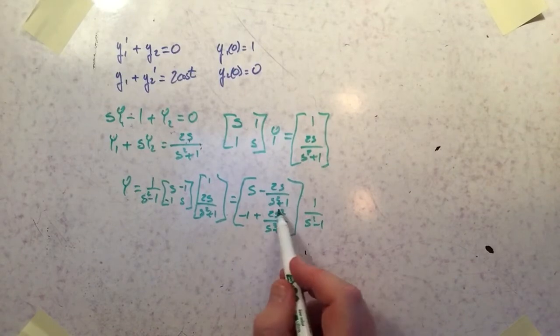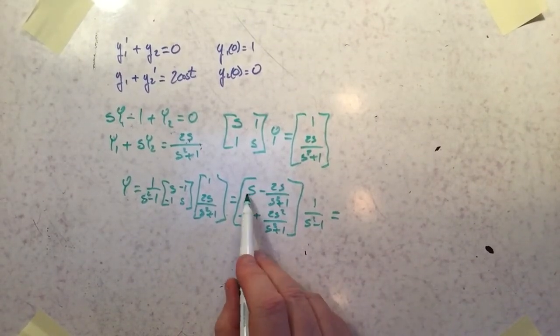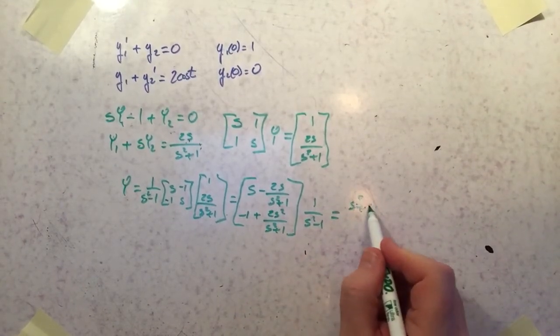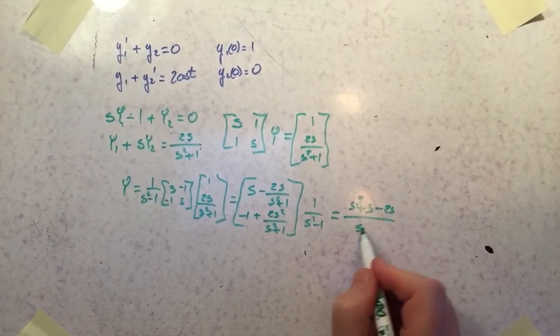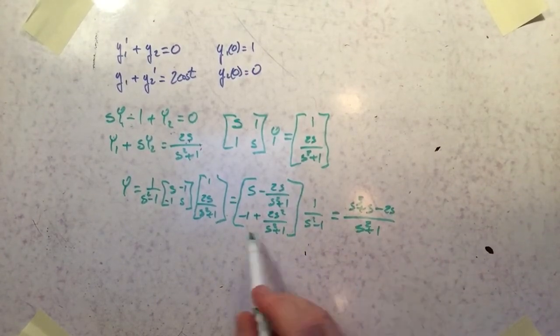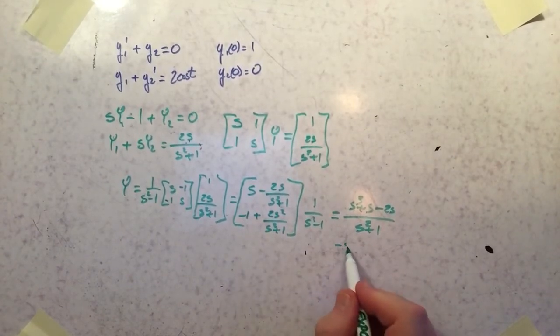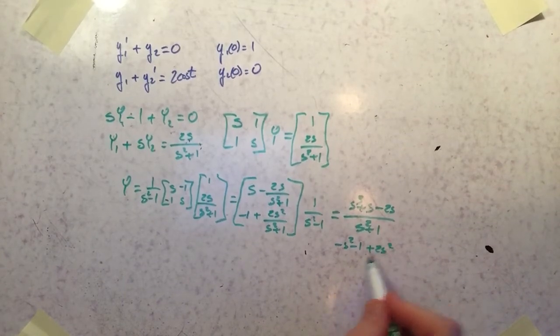Okay, well, let's simplify these by putting them over a common denominator. So in this case, it's going to be s cubed plus s minus 2s, and that's all over s squared plus 1. And then the bottom term, this is going to be minus s squared minus 1 plus 2s squared, all divided by s squared plus 1.